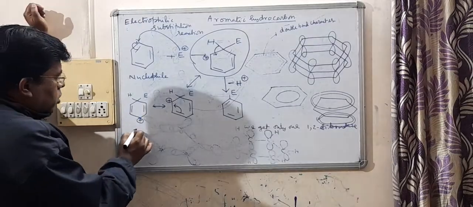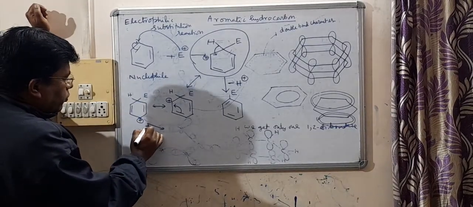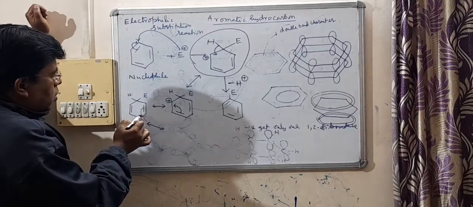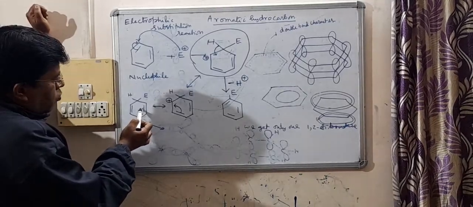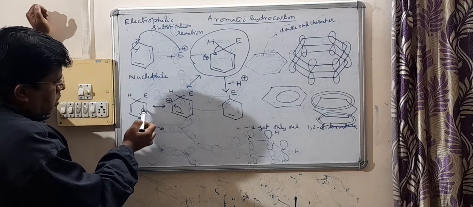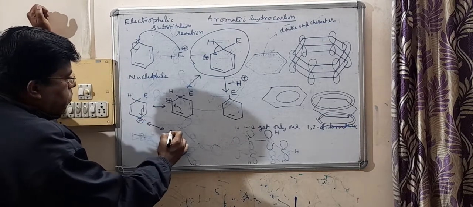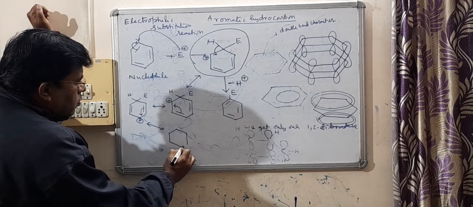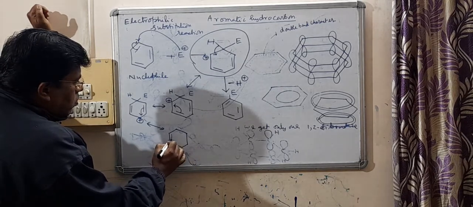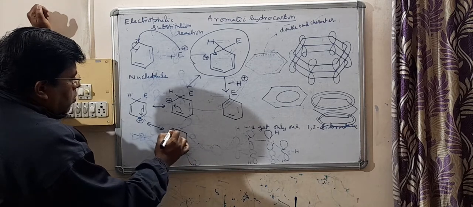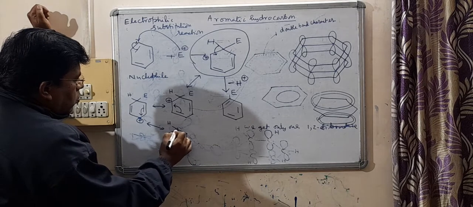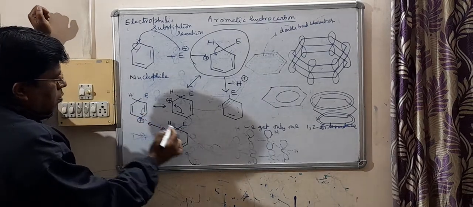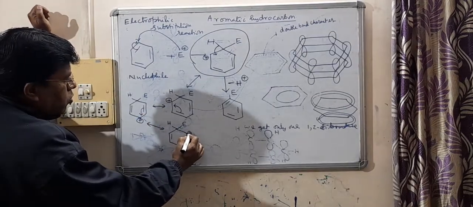In the next structure, this bond will shift here. Electrons will move towards the positive region. So this one will come here, and here it will become a positive center.